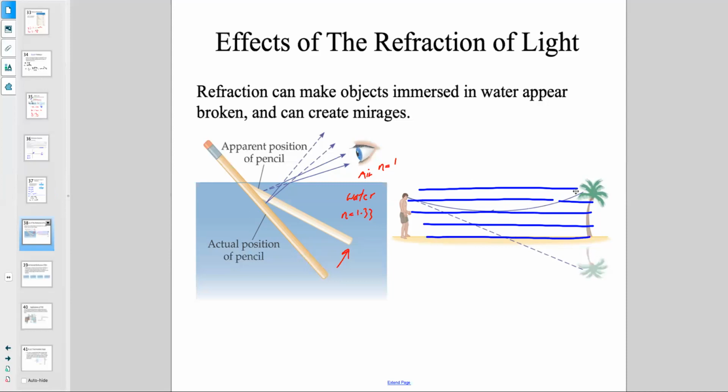And so the light will bend in a way that will give you the idea that the actual object is located there, which is not the real image or the real physics of it.